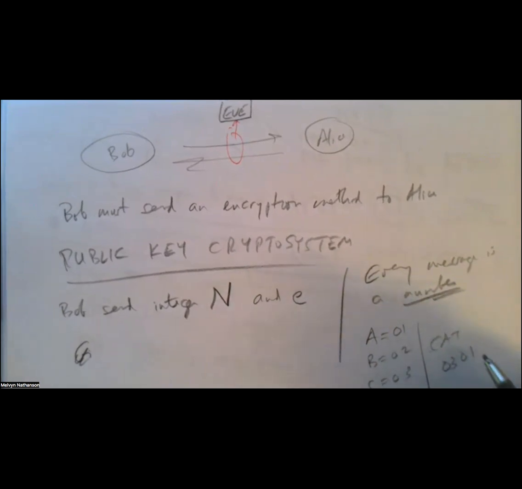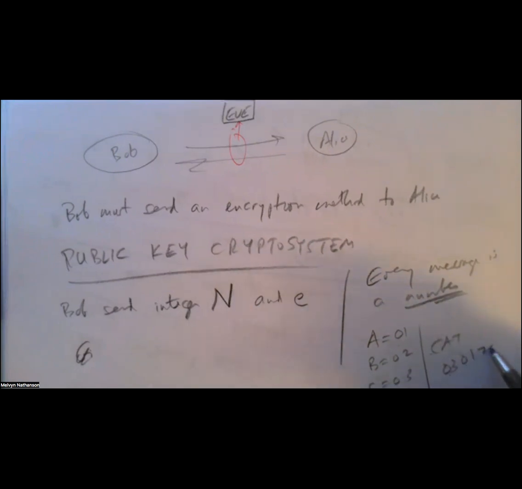A is 01. What is T? Let's see. N is the 14th. N, O, P, Q, R, S, T: 14, 15, 16, 17, 18, 19, 20. So if I did this right, T is 20. So 03, 01, 20, that's the word cat.